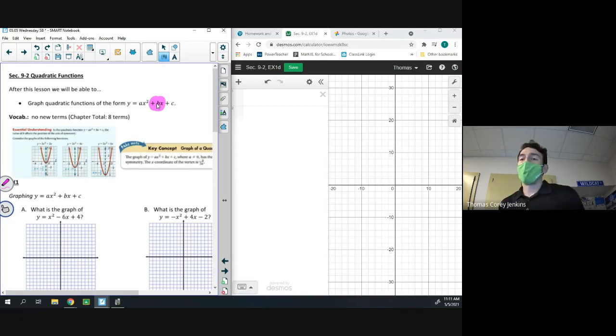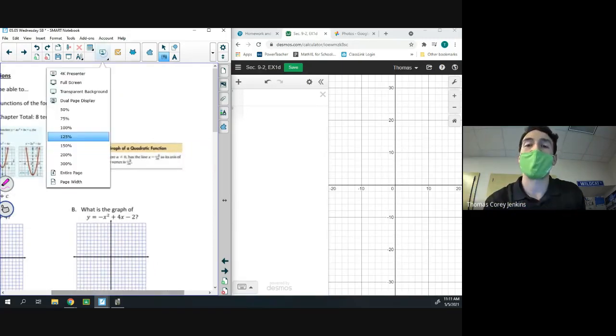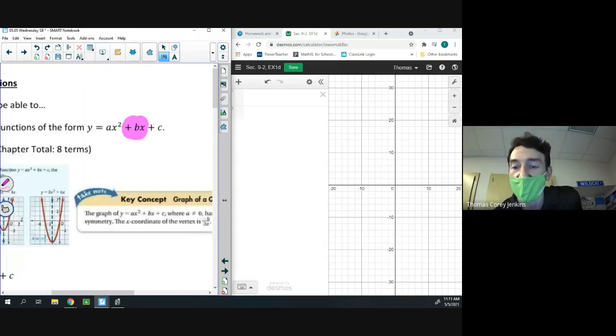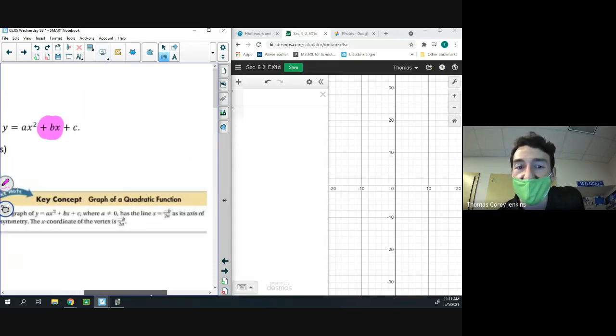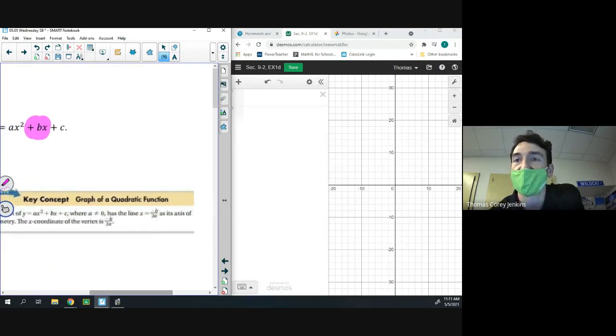All right, so one key thing that we're going to reference today is, like I said, that line that cuts our parabola down the middle. That is what's known as the axis of symmetry. So that's down here in this clipped out thing from the textbook. So here's our formula.